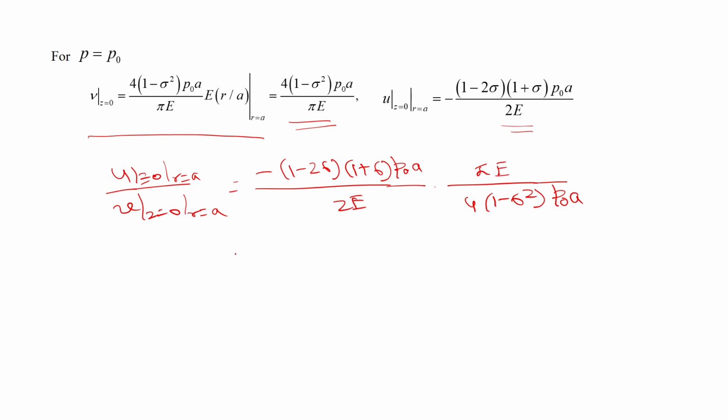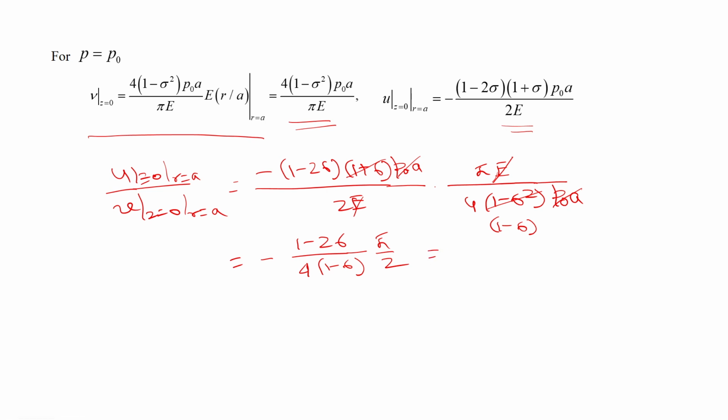Therefore, we can simplify it. Here, (1 plus sigma) by (1 minus sigma square) will be 1 minus sigma; P0 and a get cancelled, and E and E get cancelled. So it is minus (1 minus 2 sigma) by 4 into (1 minus sigma). Also the pi factor is pi by 8 in fact, because of the E here and E here.